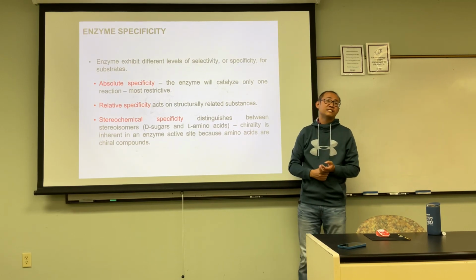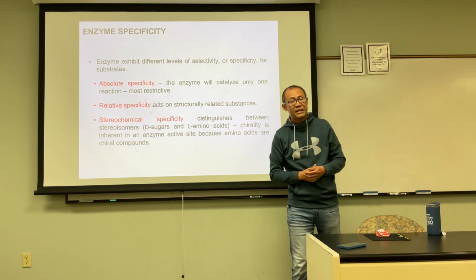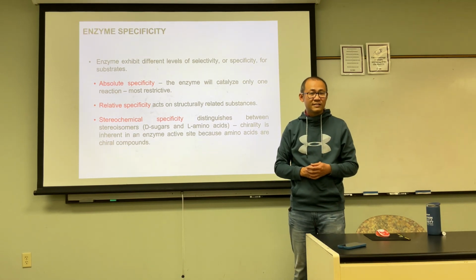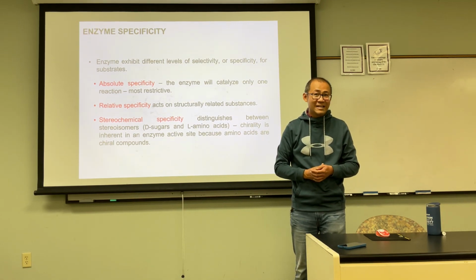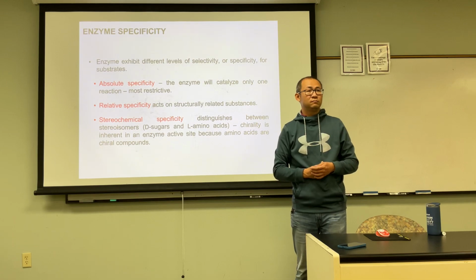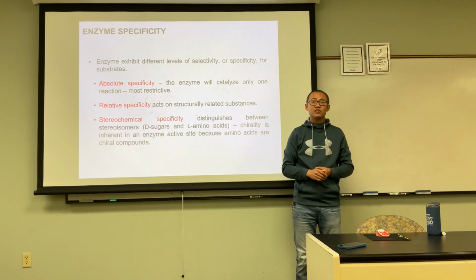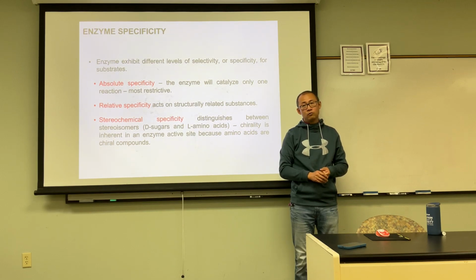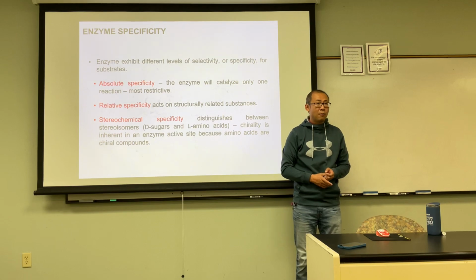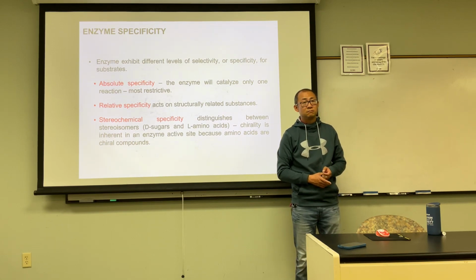Another specificity is called stereochemical specificity, meaning the enzyme can only accept one enantiomer over another. We have actually talked about that before. We know our body can only accept what? D carbohydrates and L amino acids. Why?